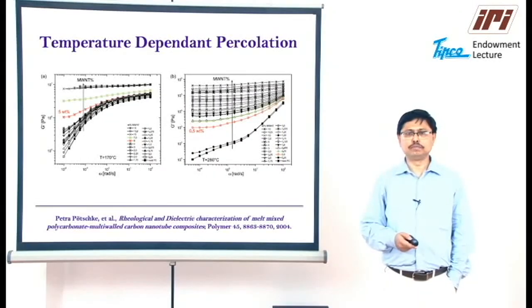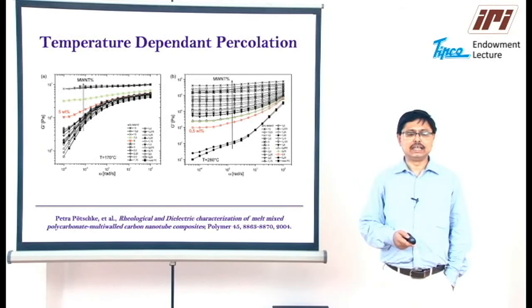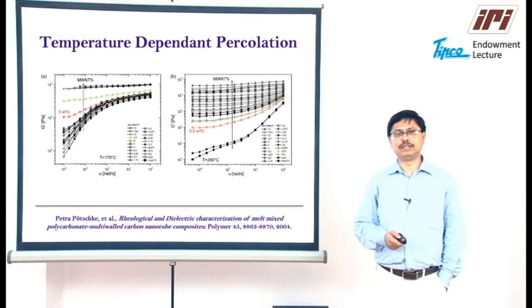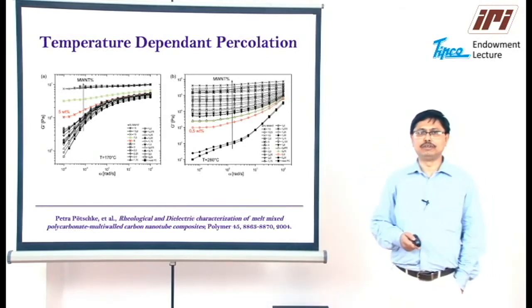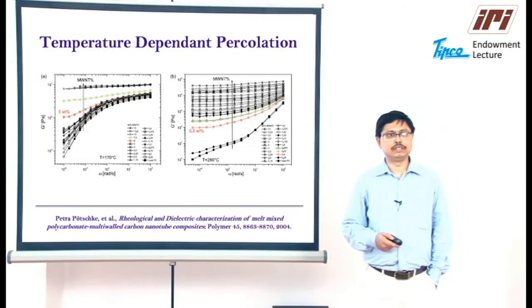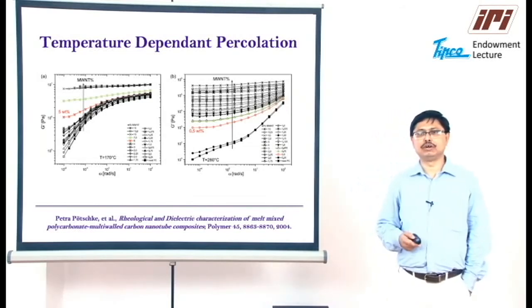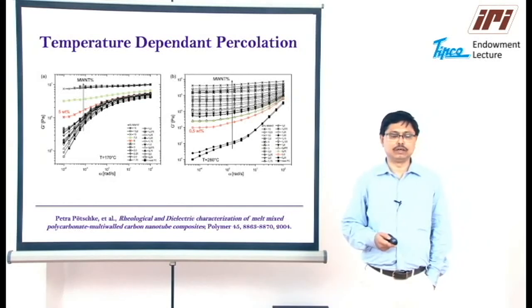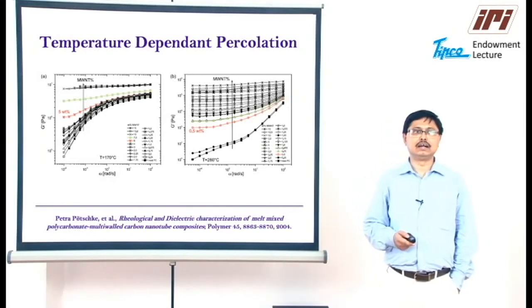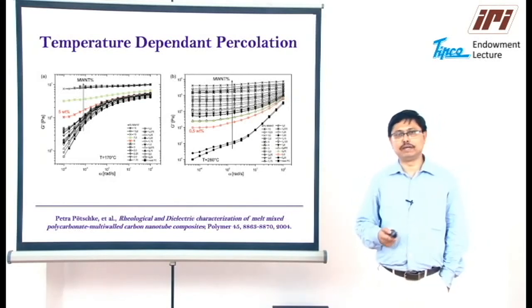There is also reported literature which suggests that the rheological percolation we are discussing is the onset of the transformation from fluid-like behavior to solid-like behavior in the presence of the nanotube materials, and it is temperature dependent.